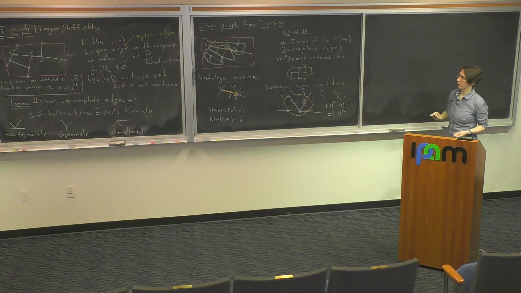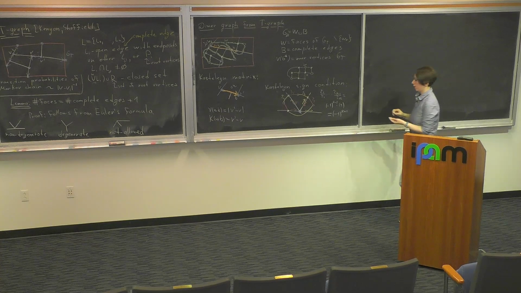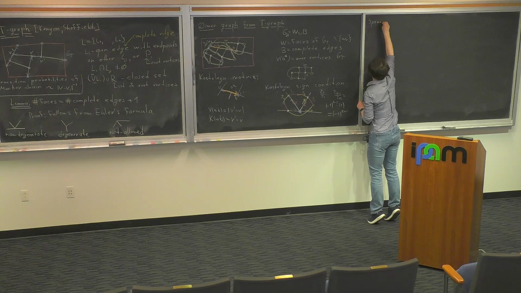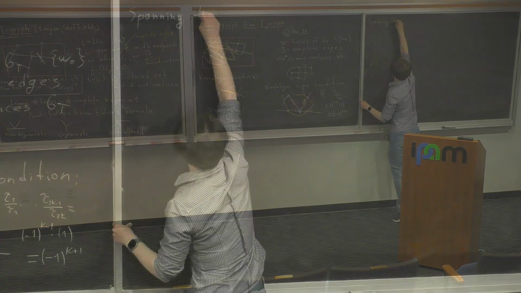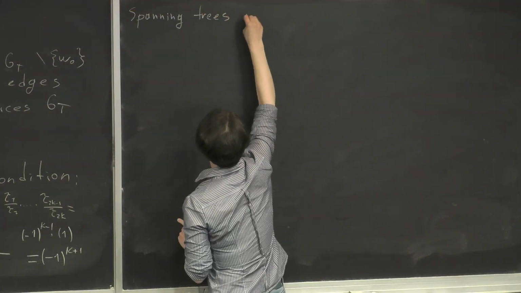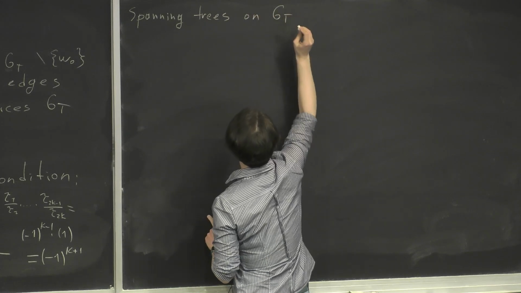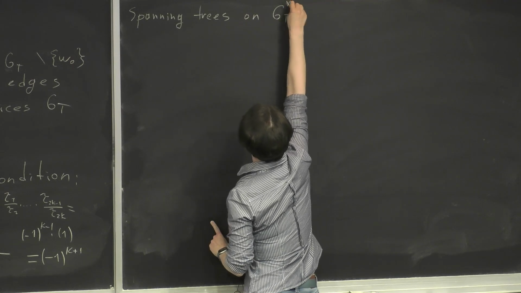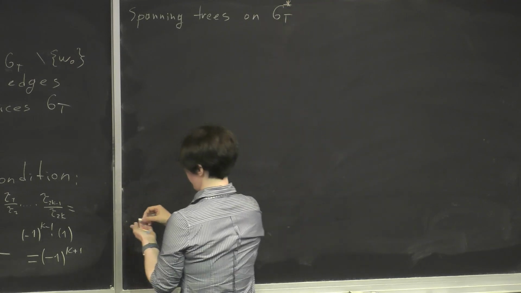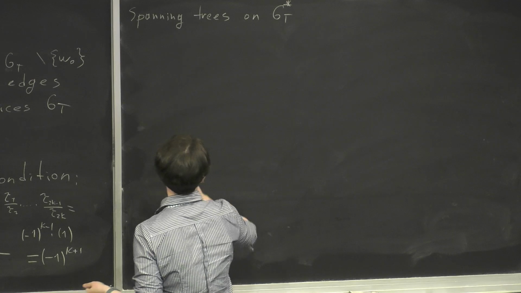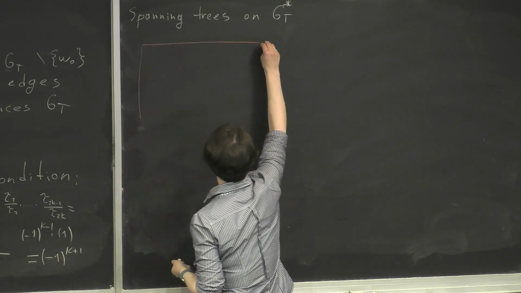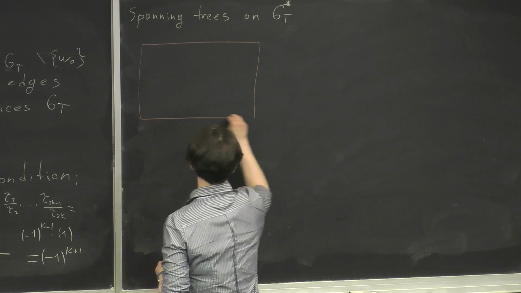And now let us forget for a second about the dimer graph and think about spanning trees on the dual of the T-graph. So first of all, how do we define the dual of a T-graph?